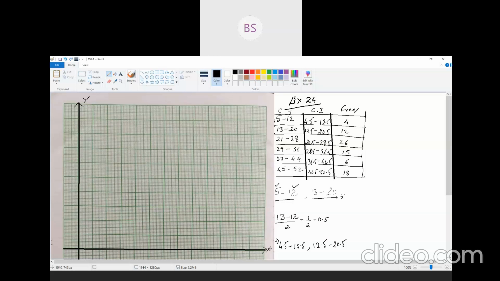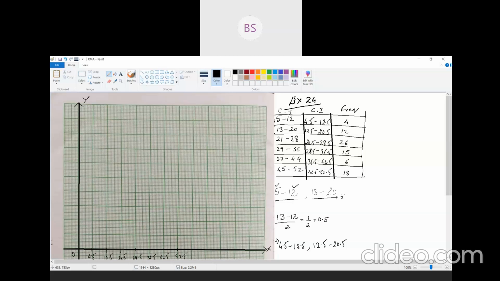Now as we can see, we have to start with 4.5. So the first value after the origin will be 4.5. Then we'll have 12.5, 20.5, 28.5, then 36.5, 44.5 and 52.5.